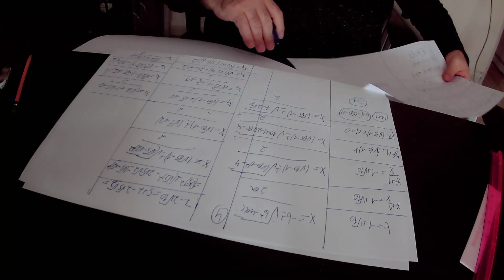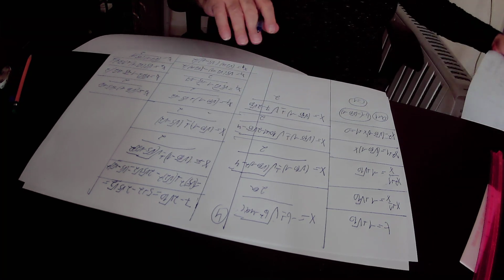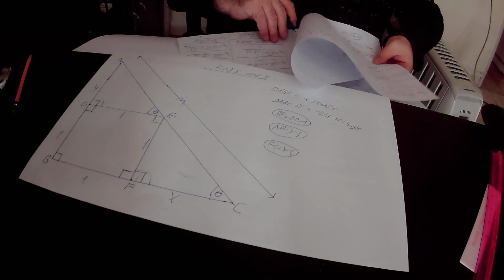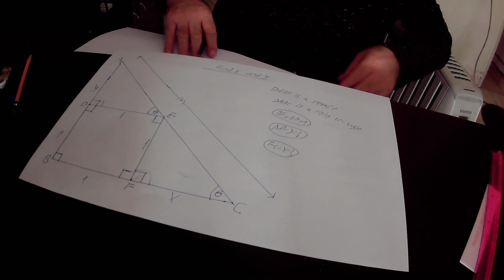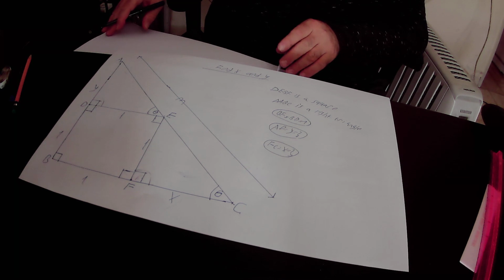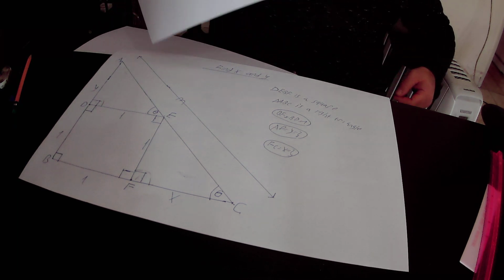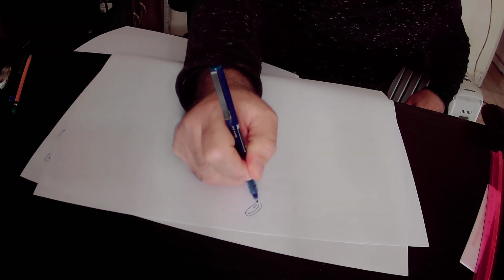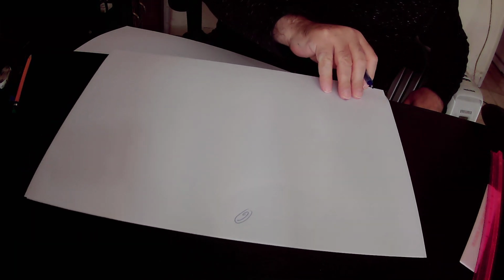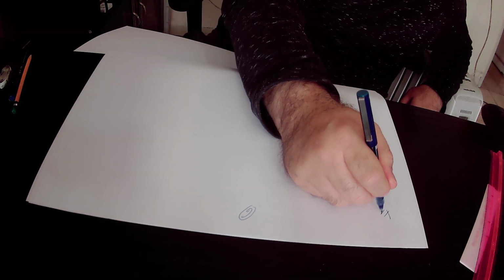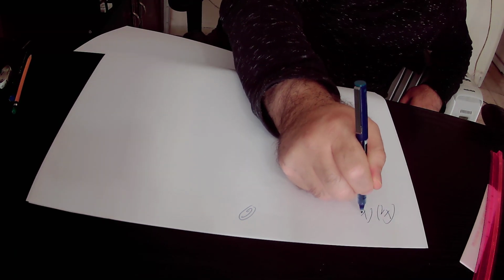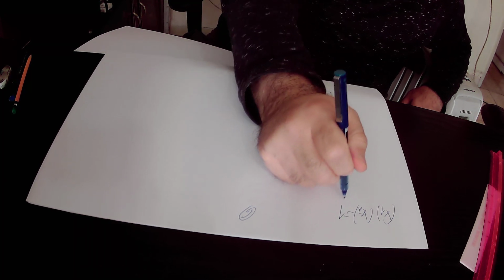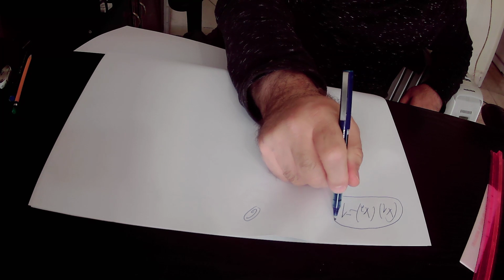I will write it here again. We actually found out that x1 times x2 equals to 1. What does it mean?